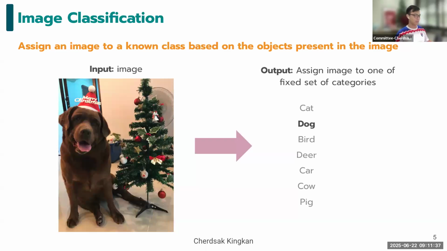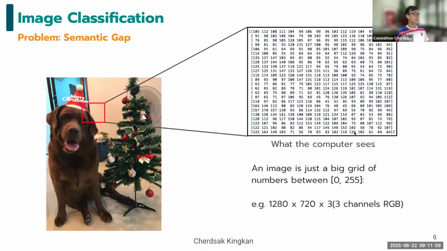So that's the image classifier. If I input an image that has a dog inside, I expect the model should tell me that this image belongs to the dog category. So that's the image classification.